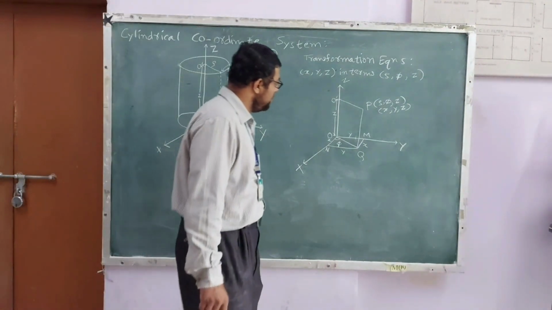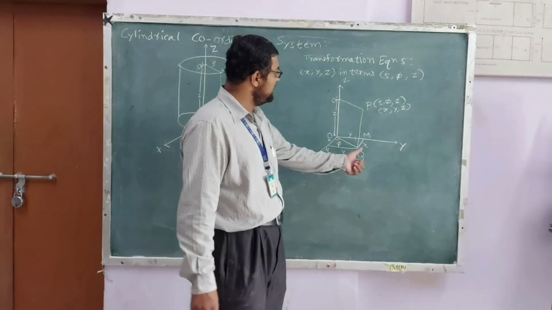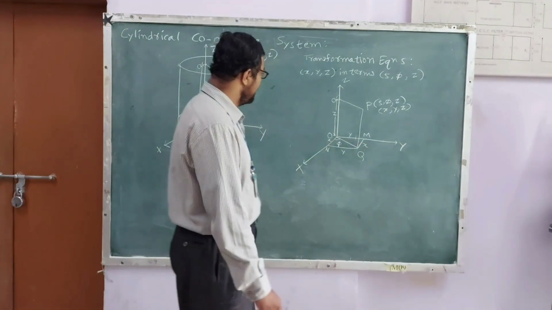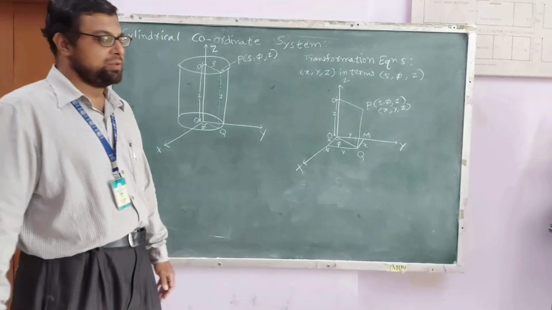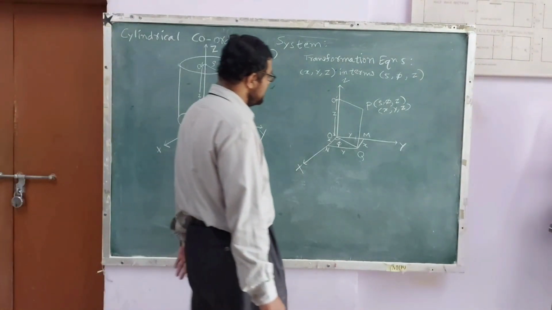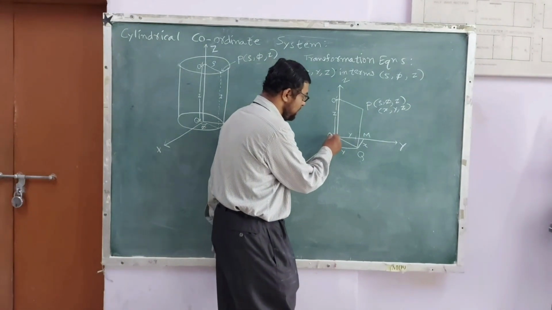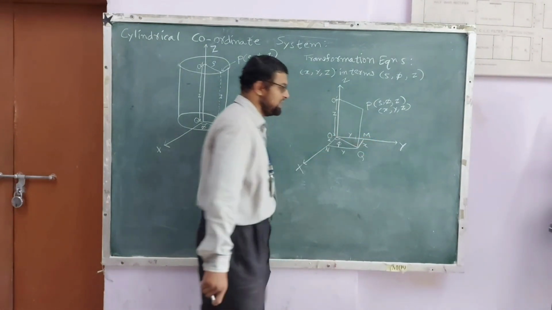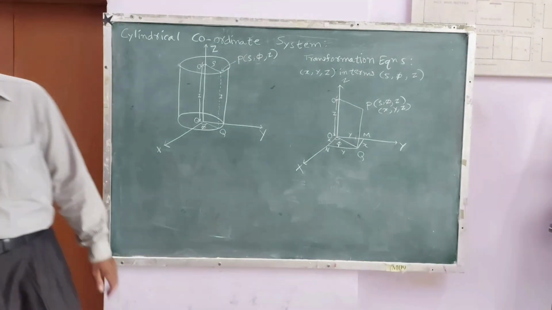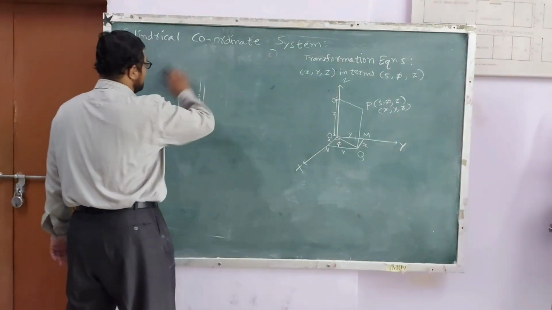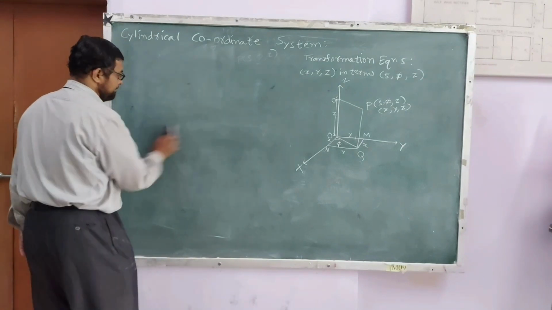Now we shall see what the x coordinate will be in terms of rho, phi and z, and similarly the y and z coordinates. For this purpose I have to consider one of the triangles here, either this ONQ or this one. So I will consider the triangle ONQ and draw that over here.